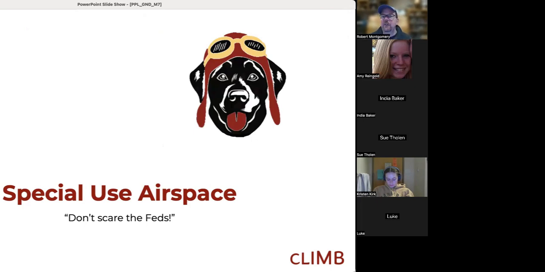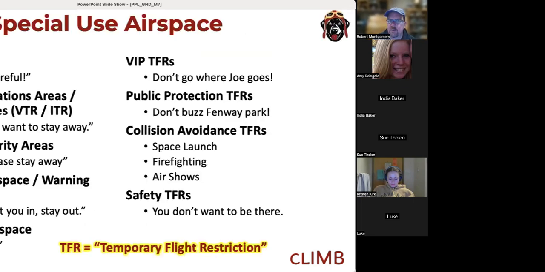And then we're going to move into the don't scare anybody part of the presentation. Okay. So we have a section here, a bunch of airspace known as special use airspace. Special use airspace is airspace that, for a variety of reasons, could be a national security reason, could be a safety reason, they don't really want people flying into.